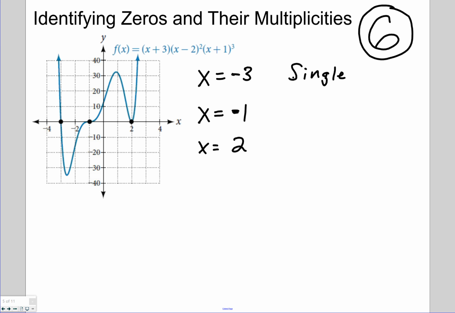Do you know what that's reminiscent of? That's reminiscent of the cubic function. And you'll notice that it comes from x plus 1 cubed. So this is called a triple root. So whenever it crosses, but it does that little kind of inflection as it crosses, that's called a triple root.